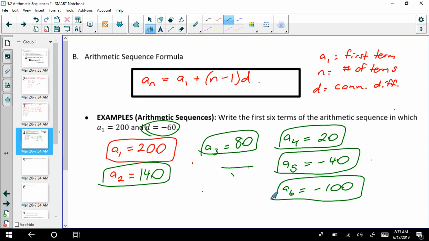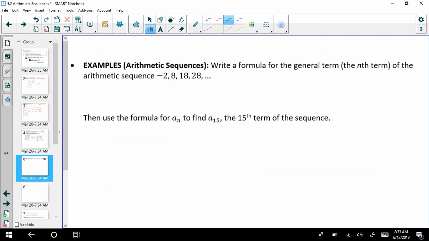So you might be asking yourself then, what's the point of the formula if we can just do it that way? Well, the formula can be a time saver, which we'll look at in the next couple of examples here. So write a formula for the general term, the nth term, of the arithmetic sequence, and then it gives me the sequence. Sometimes these directions confuse people on what it's asking you to do.